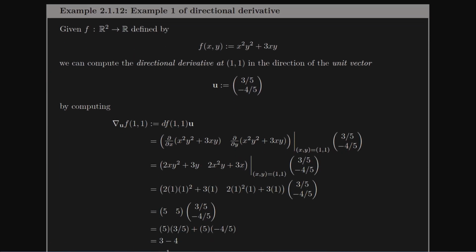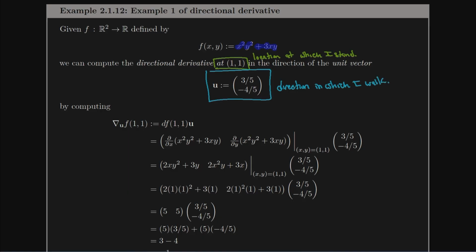Here we have a scalar field, which recall just means a function with a one-dimensional output. This scalar field is x squared y squared plus 3xy. And we're going to compute the directional derivative. We need two pieces of information to compute the directional derivative, right? We need the location at which I stand, and we also need the direction in which I walk.